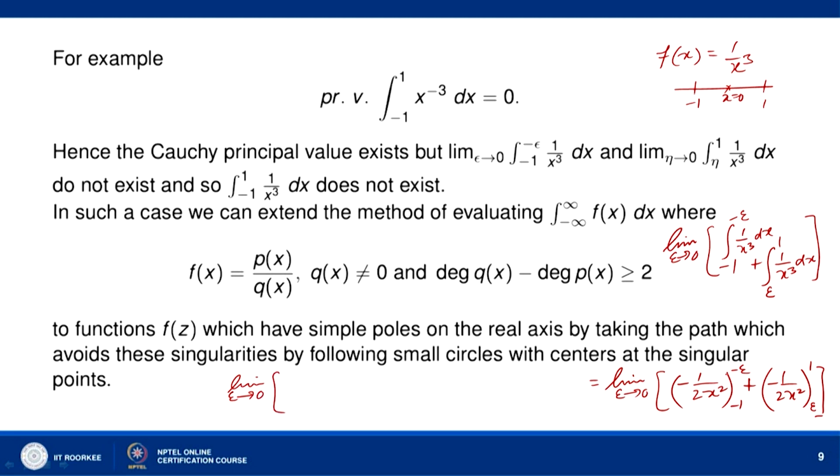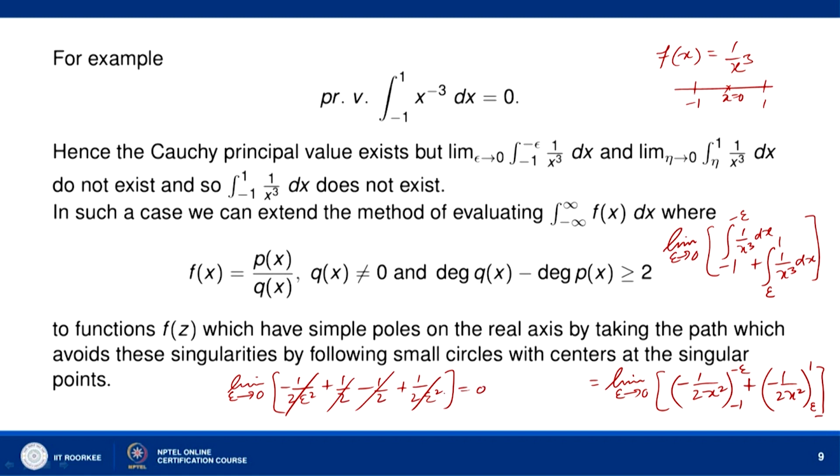Let us put the upper limit. So, we get minus 1 by 2 epsilon square and then plus 1 by 2, when you put x equal to minus 1, and here you get minus 1 by 2 and then 1 by 2 epsilon square. So, this cancels with this, and the limit is 0.